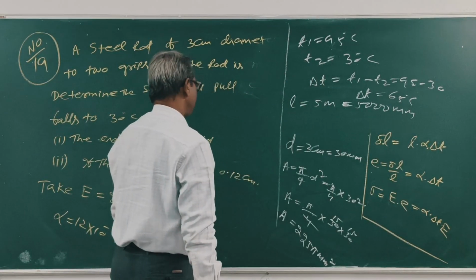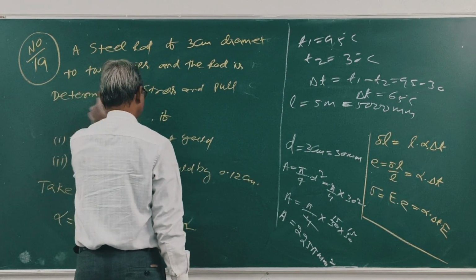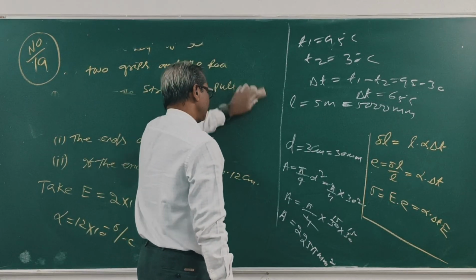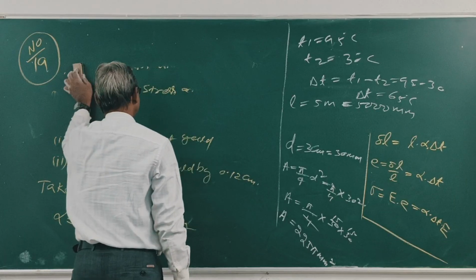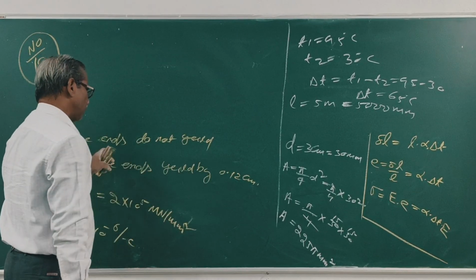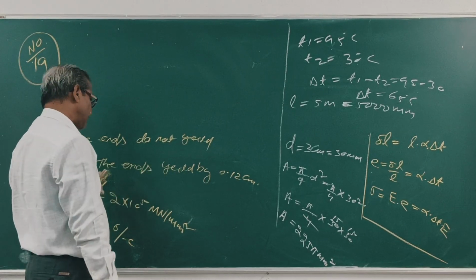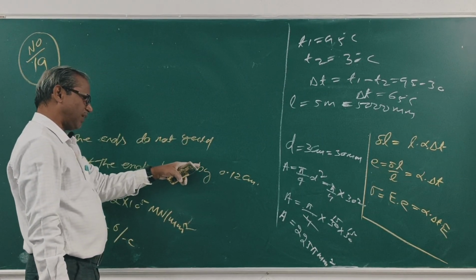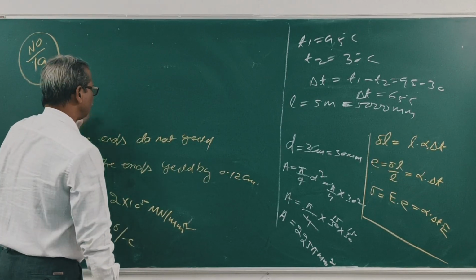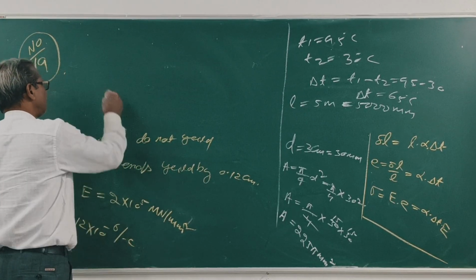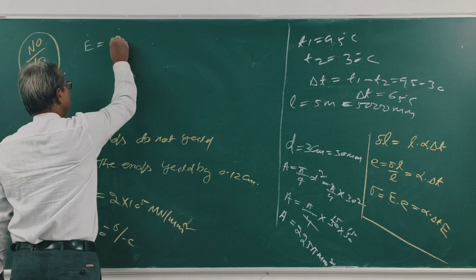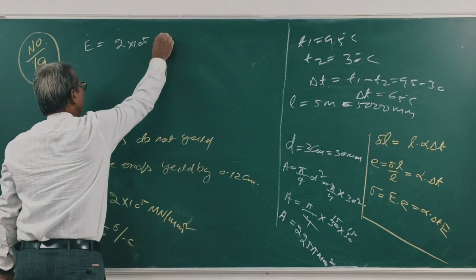Now, in one case the ends are not yielding, and in the other the ends yield by 0.12 cm. Take E, Young's modulus, as 2 into 10 to the 5 meganewton per mm square.